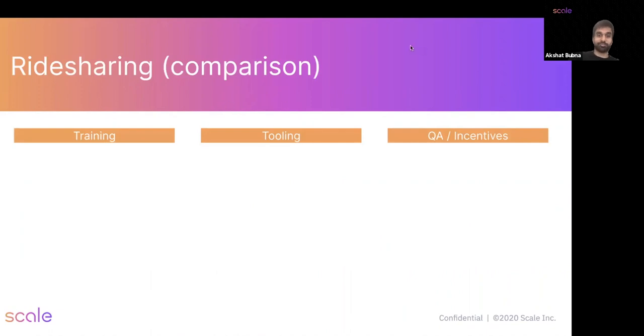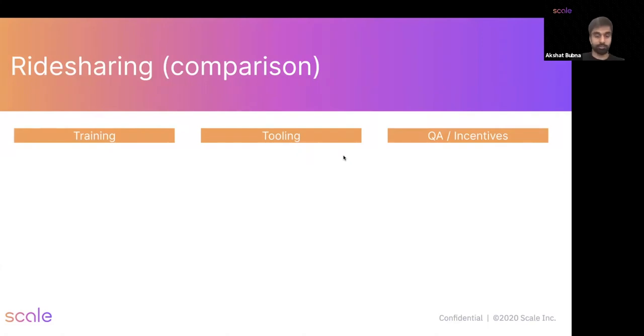Yeah, so let's actually talk about ride sharing, which I'm sure at this point almost everyone attending has used and experienced. In particular, I'm going to talk about three pillars you have to worry about when you build a marketplace like this, which are training, for the side of the marketplace that's providing the service.